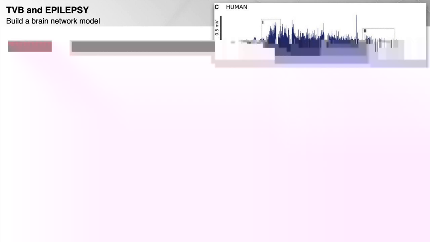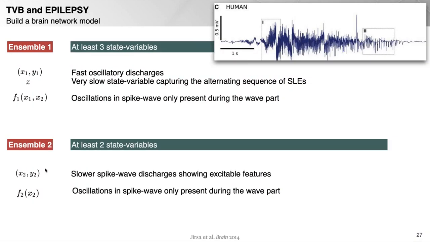The spike wave events comprise large amplitude spikes followed by a long-lasting wave component, which represent a large class of systems collectively called excitable systems, that necessitate a second ensemble, with two state variables.